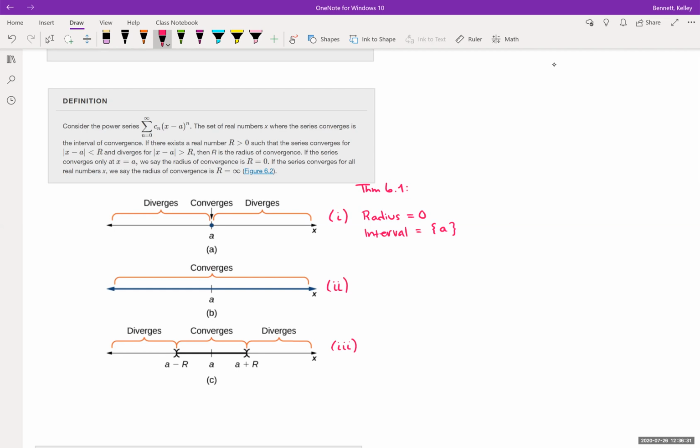In the second figure, our radius, we just denote it as infinity. And our interval, even though we're centered at a, it doesn't matter because I'm going to go from negative infinity to positive infinity.